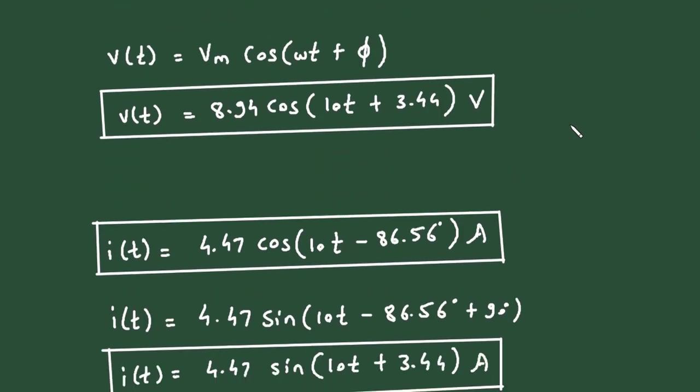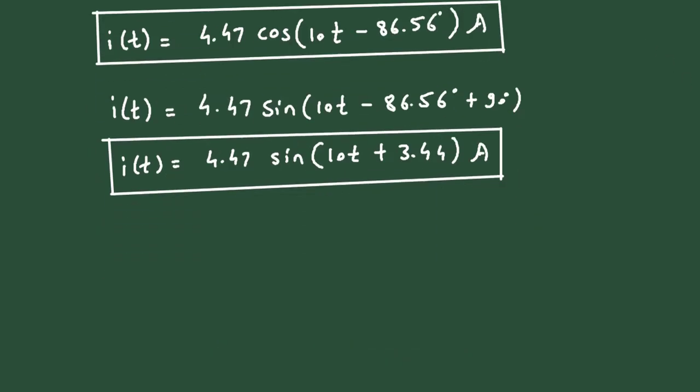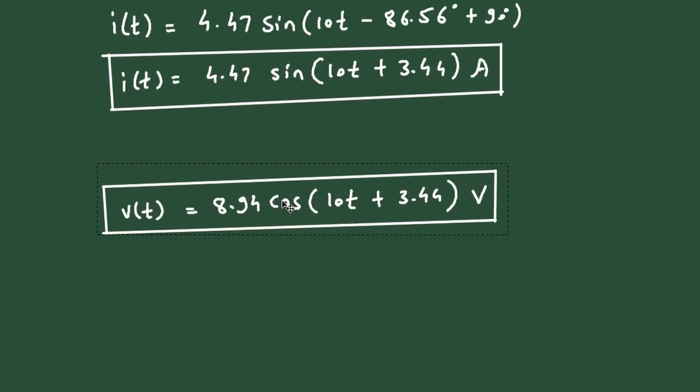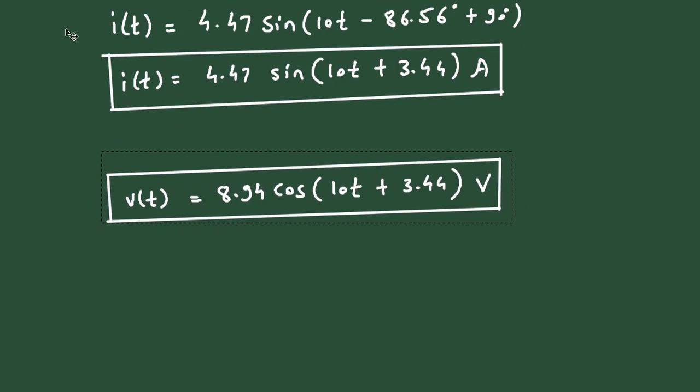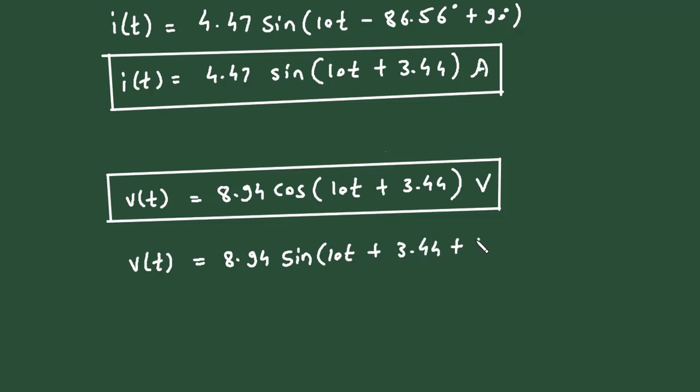And for voltage, again let's copy this. Now here we will convert this into sine form. So V of t is equal to 8.94 sine 10t plus 3.44 plus 90 degree volts.